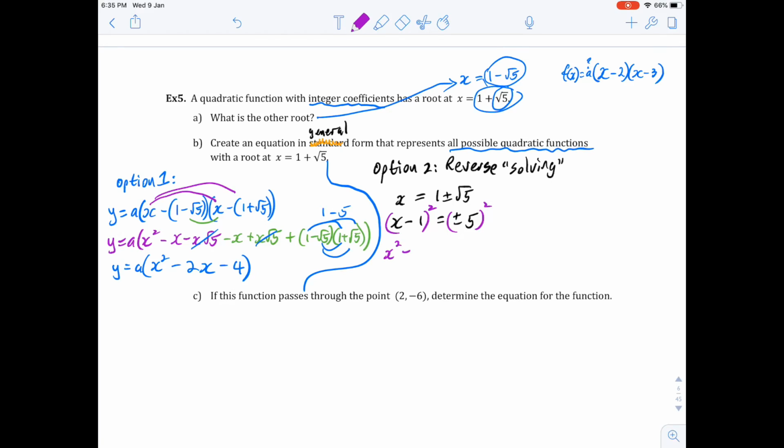I'm going to get on the left-hand side x squared minus 2x plus 1. I'm going to get on the right-hand side, sorry, that should be root 5, so I'm going to get 5 over there, and I'm going to get x squared minus 2x minus 4 equals 0.